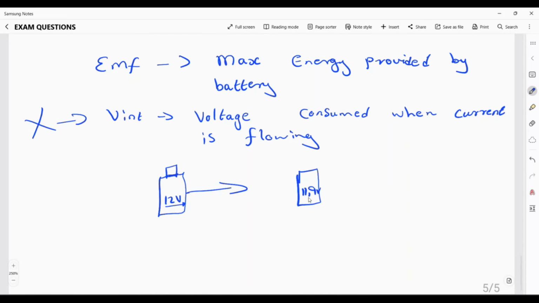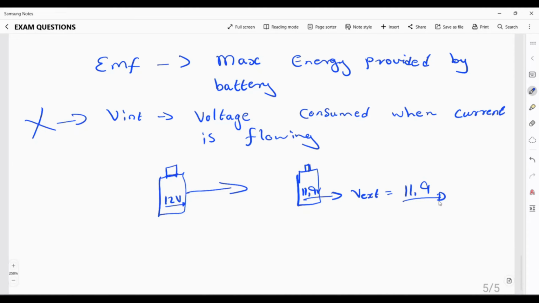When you're using that battery, you find out that after providing 11.9 volts of energy, your battery stops working. So this provided energy, 11.9, is going to be your V external.